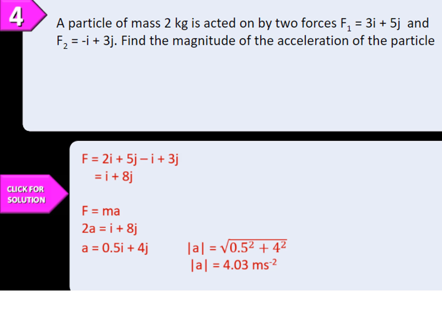So you add up the forces, because remember the resultant force is the total of the forces, and then equal them to ma, mass times acceleration. Acceleration will be a vector, but to find the magnitude of it, you'd then use Pythagoras.